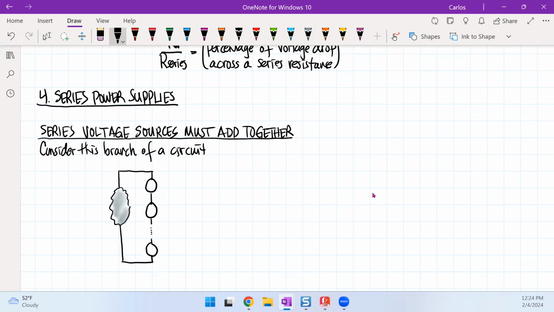The polarity of these is arbitrary. I'll make this plus minus, this minus plus, and this minus plus. I'll call this source V1, this one V2, and this one Vn, because there are n sources here.